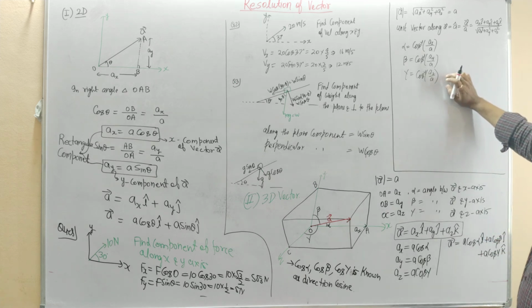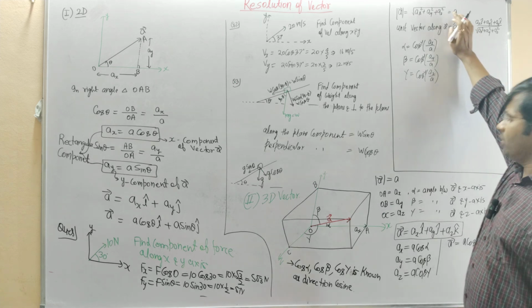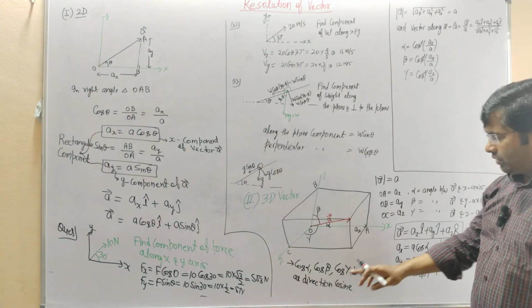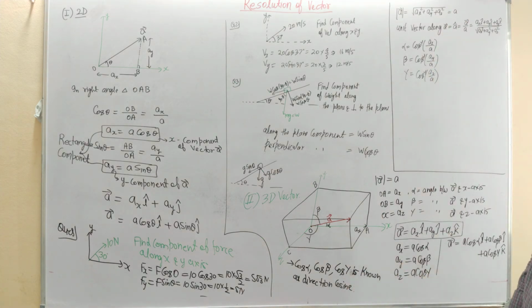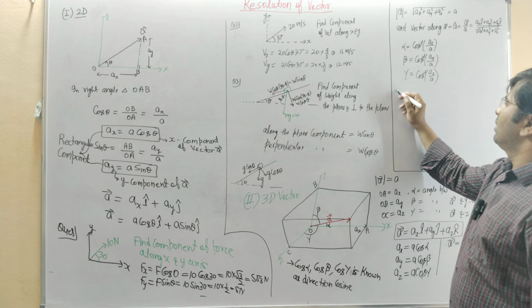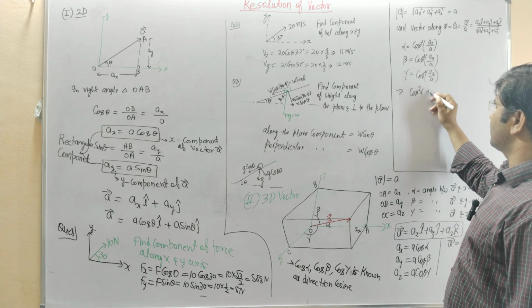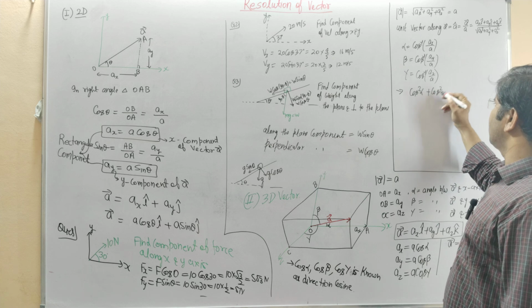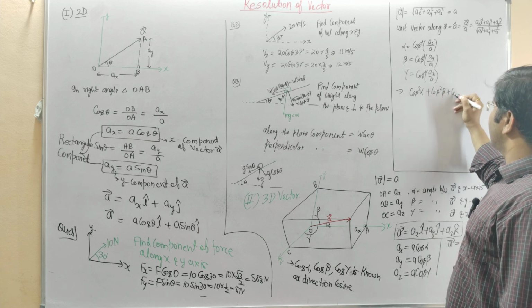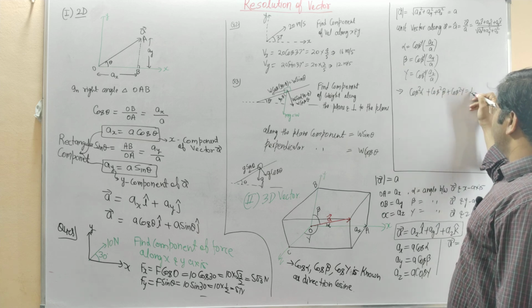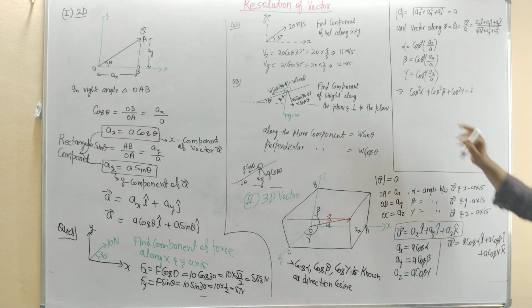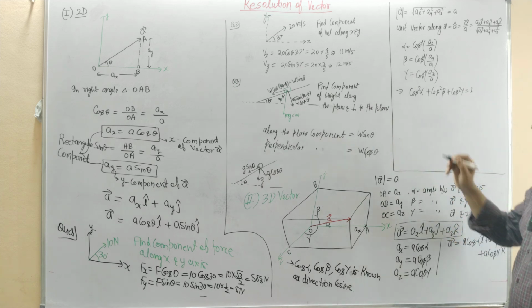We can calculate the angle, the unit vector, and the magnitude of the vector. The direction cosines are cos alpha, cos beta, cos gamma. It is always true that the sum of the squares of the direction cosines is always equal to 1.